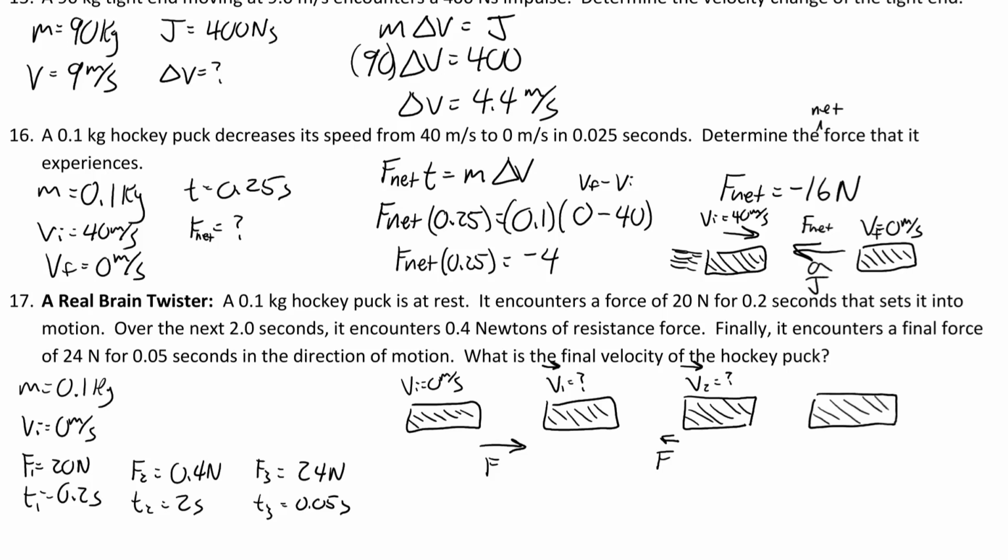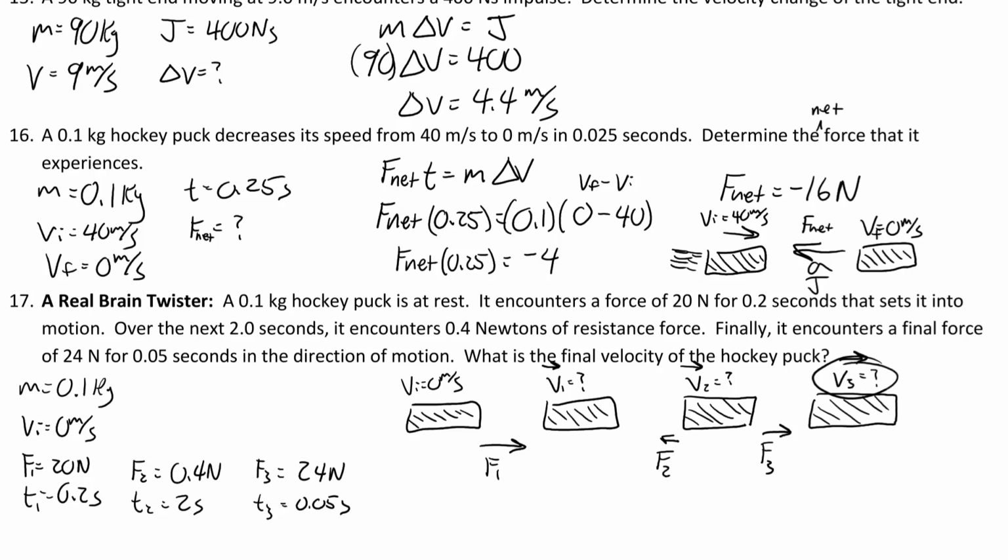This is F1, this is F2, this is F3, in the direction of its motion. Let's assume its motion is still to the right. We don't know what the velocity is, but they want to know the final velocity of the puck, so we're looking for this. It seems complicated, but let's just do it.